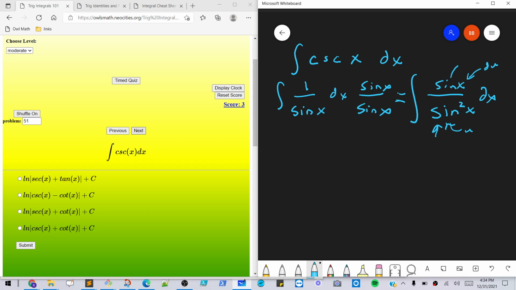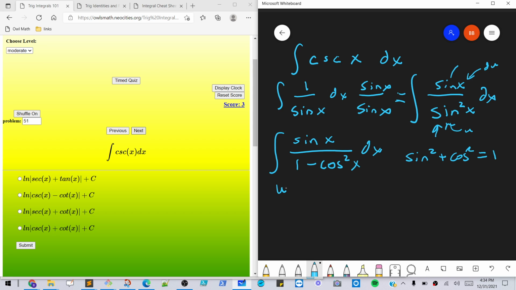So what I'll do is rewrite this. We'll leave the sine in the numerator, and we'll rewrite this like that, just using this basic identity, right? And then you can manipulate that by subtracting cosine squared on both sides. And now what we can do is our u-sub.